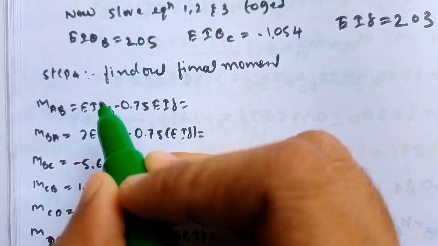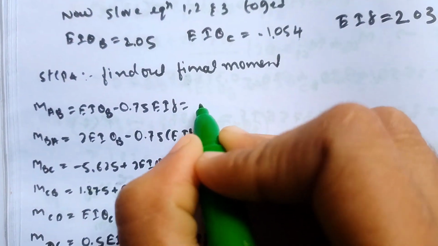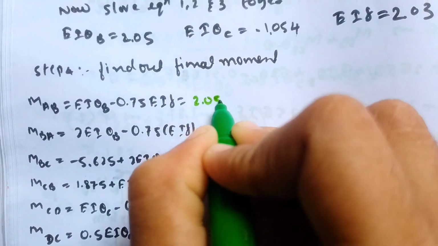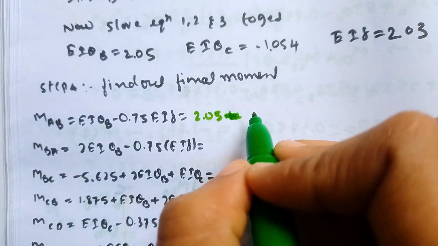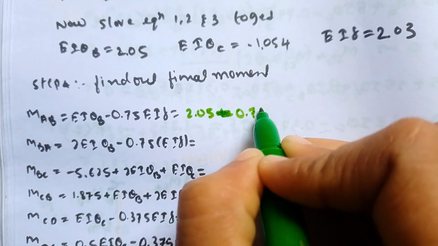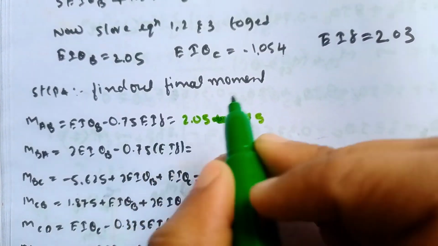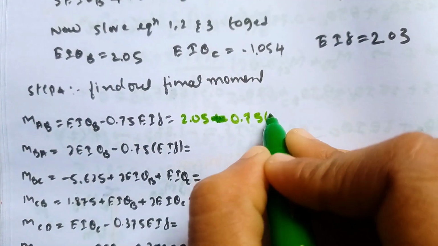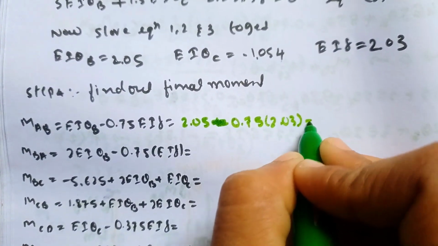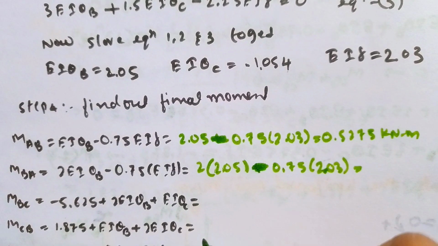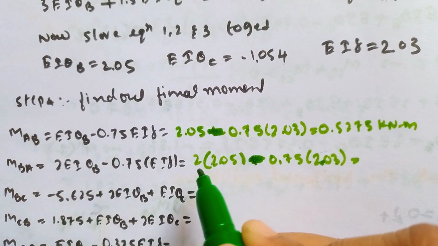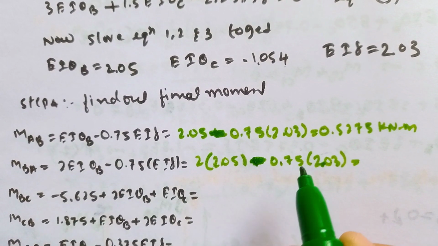EI theta B value we got was 2.05 minus 0.75. EI delta value we got was 2.03. So simplify it, it will come out as 0.5275 kilonewton meter.